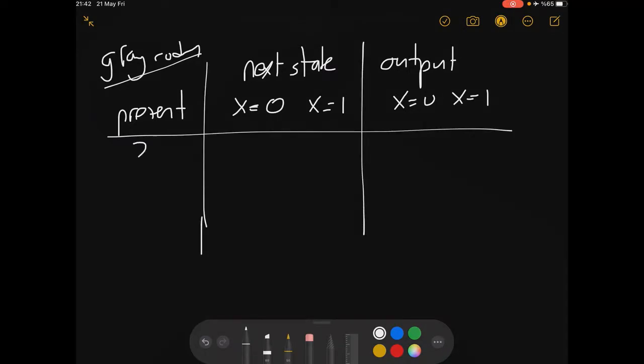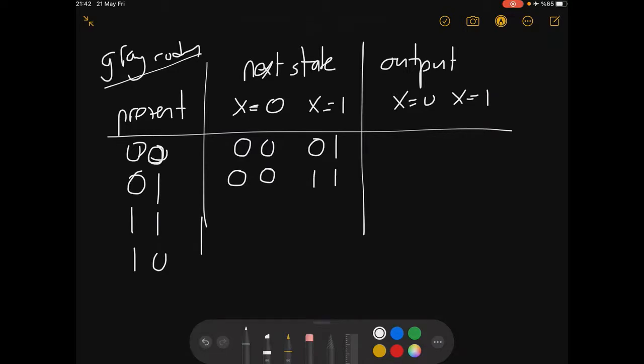Now your states are coded like this: 0 0, 0 1. Be careful, 1 1 and 1 0. So here you will have the resulting next states should be 0 0, 0 1 and 0 0, 1 1 and 1 0, 1 1 and 0 0, 0 1.